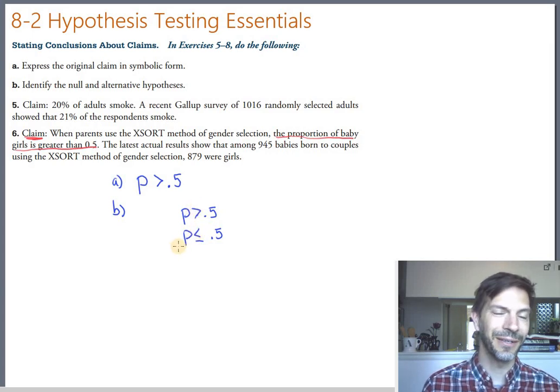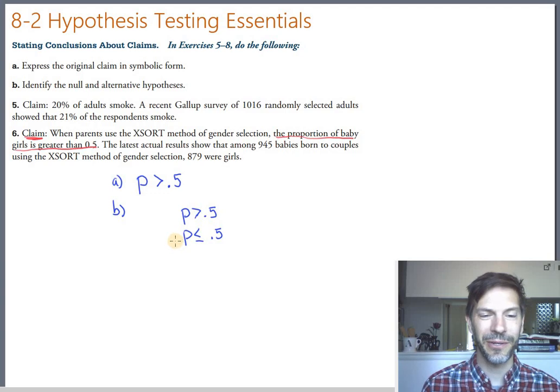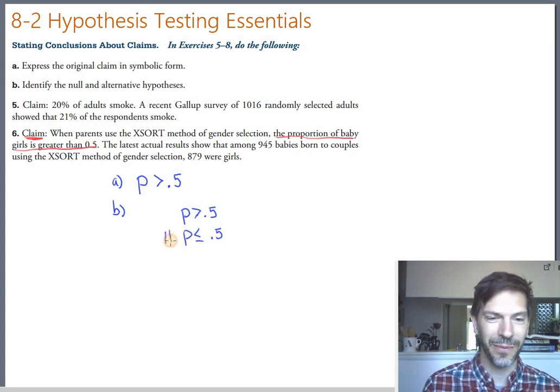One of these is the null, and one of them is the alternative. And keep in mind, the null is always the one that has the equal sign. So when you read this bottom statement here, it says P is less than or equal to. And there's the key, right? There's the equal sign. So the bottom statement is the one that becomes the null hypothesis. And the top statement, which happens to be the original, becomes the alternative hypothesis.